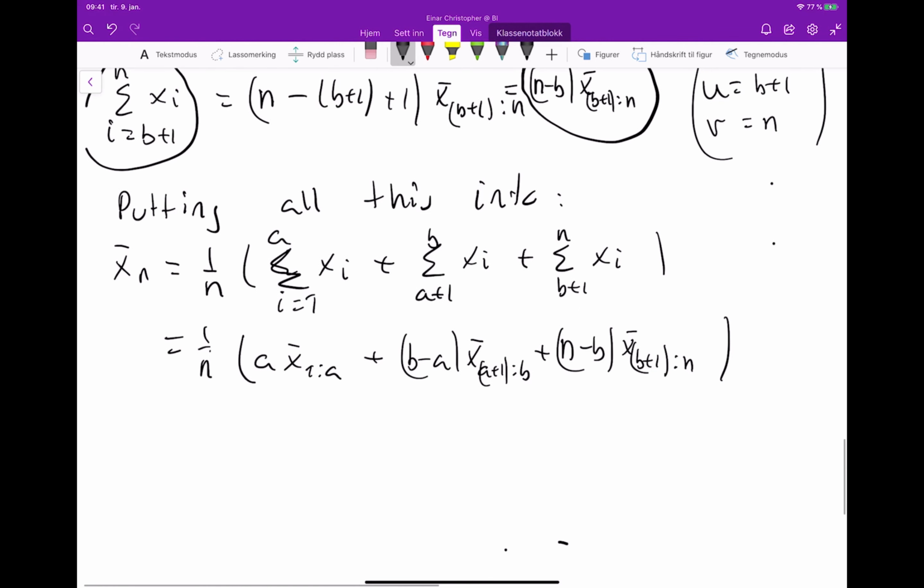And then we can just multiply 1 divided by n into the parentheses, and we get what we are asked to show.